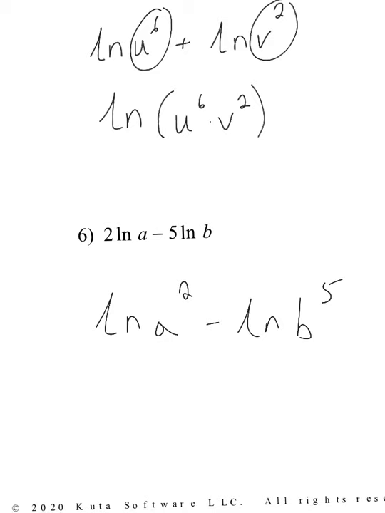Subtraction becomes division when you condense it. So you get ln a squared over b to the 5th.